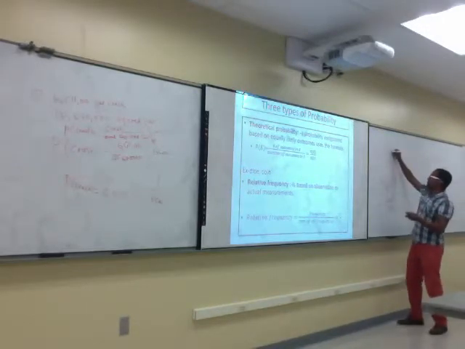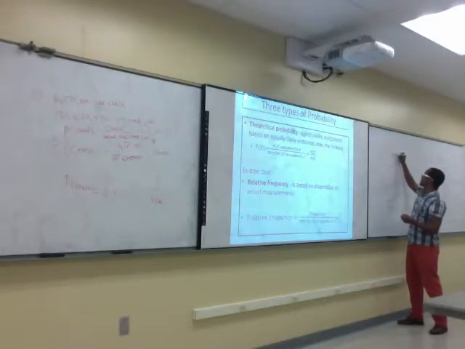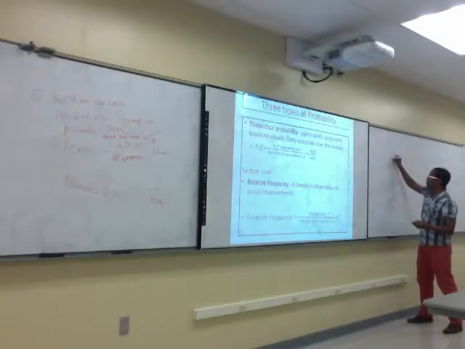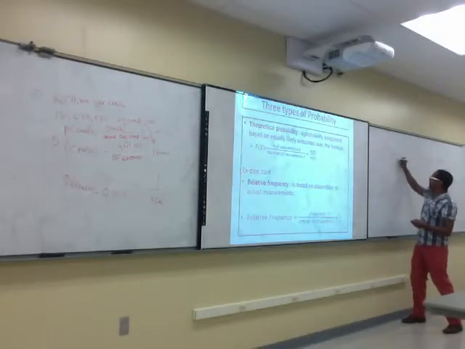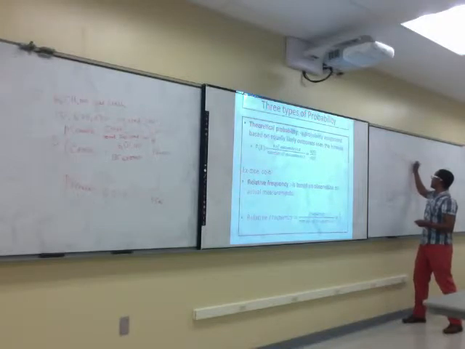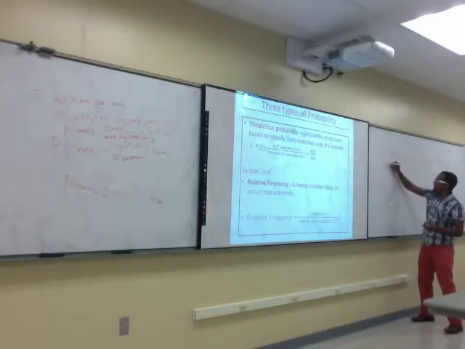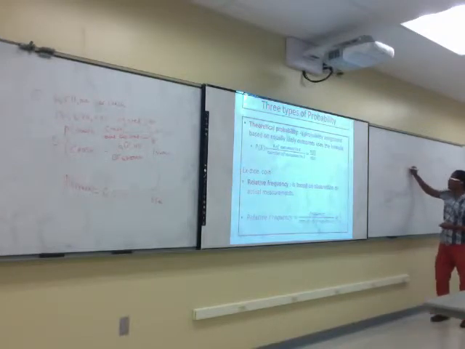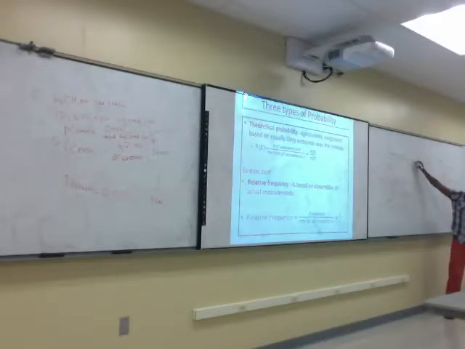So I have a sample space, all my possible outcomes for 2 coins: head head, head tail, tail head, or tail tail, right? And each of them has 1/4 probability. So this is my sample space for 2 coins, and this is each individual probability.